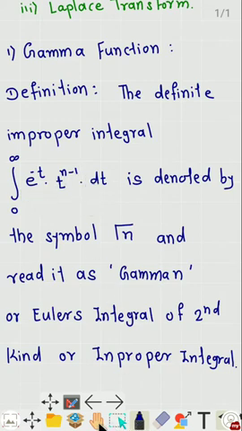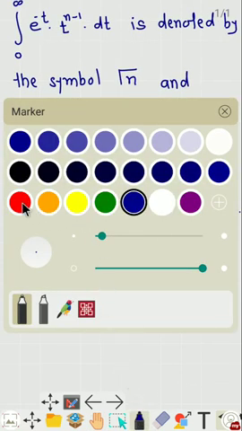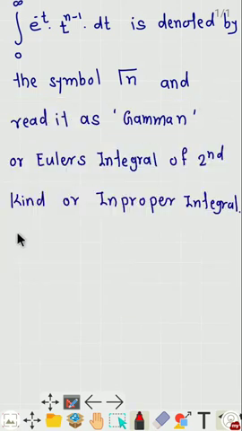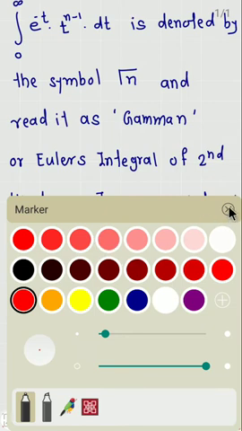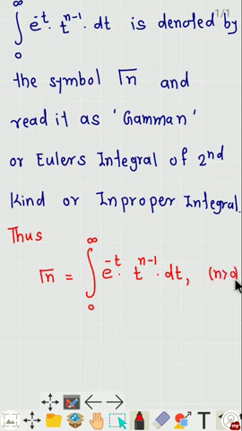Okay, so let us write the integral now. Thus we have the integral gamma n equal to integration over 0 to infinity e raised to the power minus t into t raised to the power n minus 1 dt, where the condition on n is that n must be strictly greater than 0.